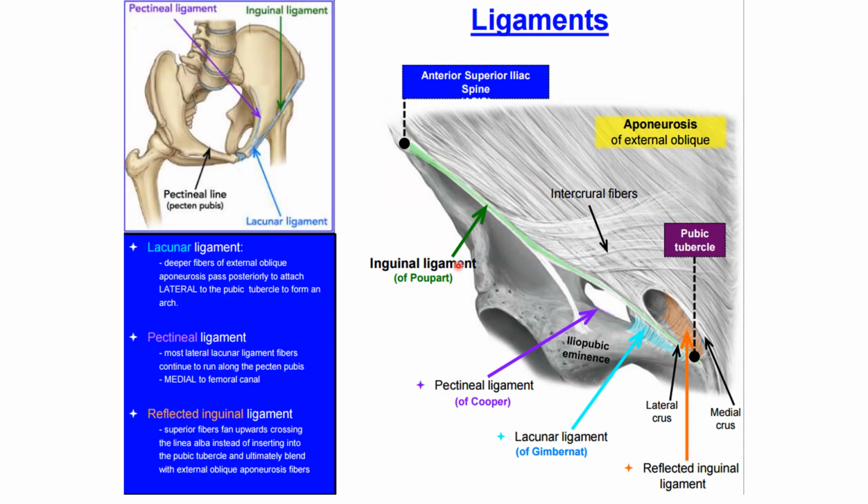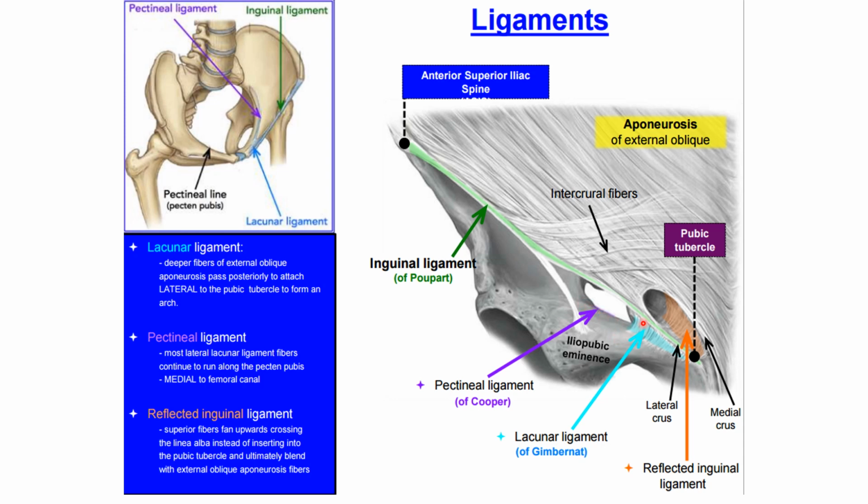These are the three ligaments which are relevant here. We already know this: running from the anterior superior spine to the pubic tubercle is the inguinal ligament. And from this point along the pecten pubis, along the pectineal line, there is another ligament known as the pectineal ligament of Cooper.